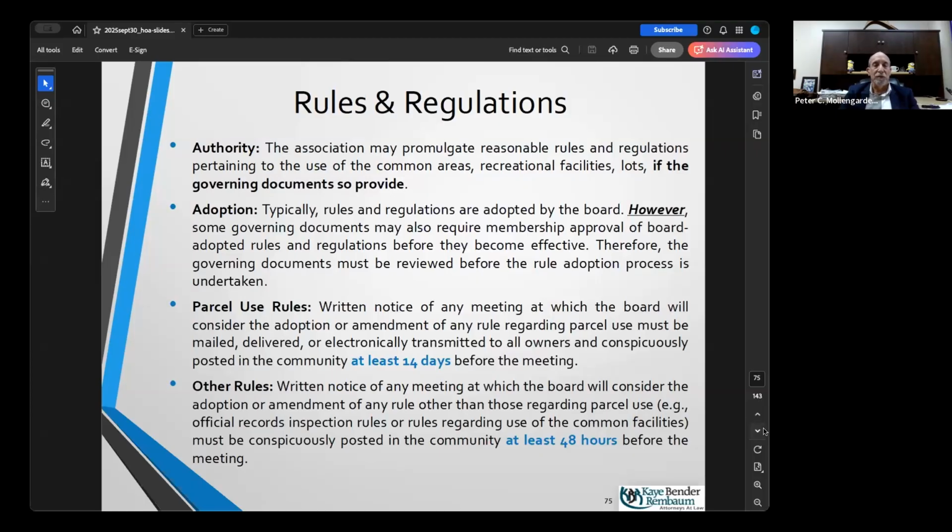If you're going to make rules about other things, like record inspection or speaking and participating at meetings, those are board rules done at 48-hour meeting notices. Rules regarding use of the common area are also a 48-hour notice, unless your documents provide a different notice requirement.